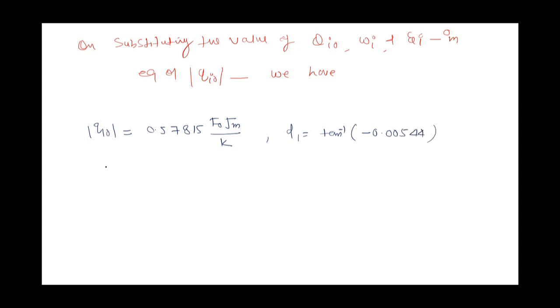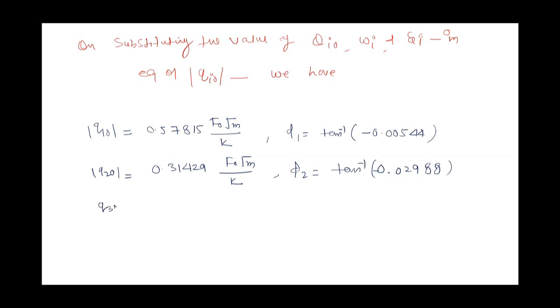Similarly, Q2 naught equals 0.31429 f naught under root m over k, and phi 2 is tan inverse of minus 0.02988.